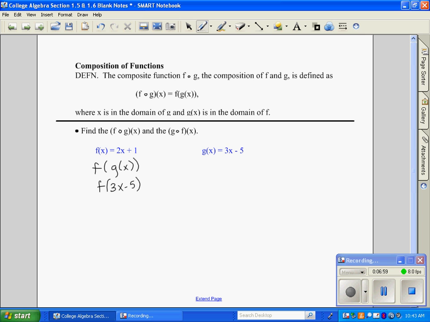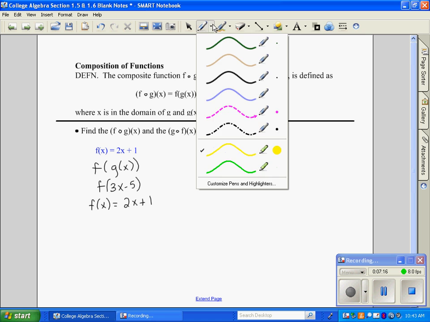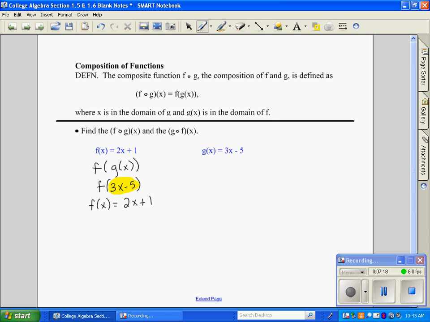And so now it says go to the f function right here, and then everywhere x is at, I'm going to plug in 3x minus 5. So first of all, I'm just going to write down the f of x equation. And then now everywhere x is at, I'm going to substitute this value in place of x.